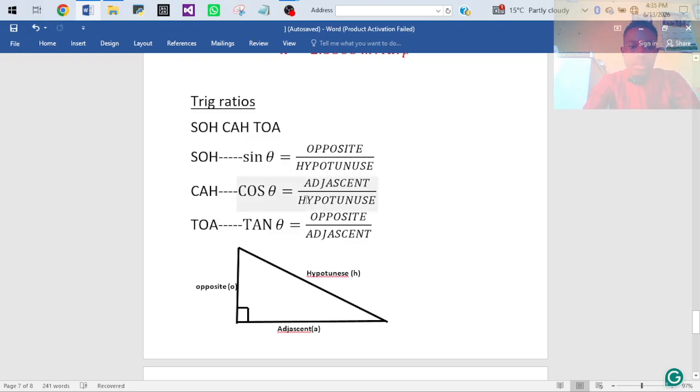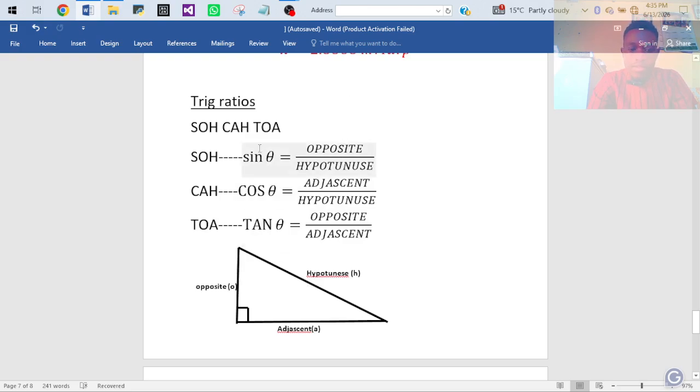This is how you calculate sine, cosine and tan. For sine, just substitute the value of the opposite and the value of the hypotenuse. For example, if the opposite is 6 and the hypotenuse is 7, sine theta is 6 over 7.